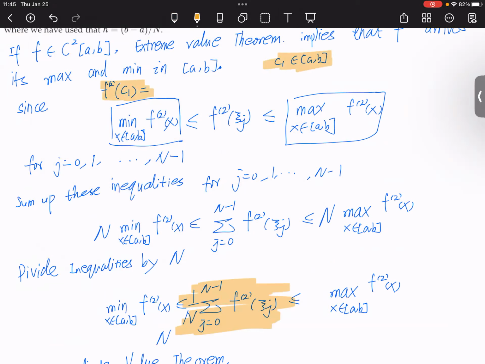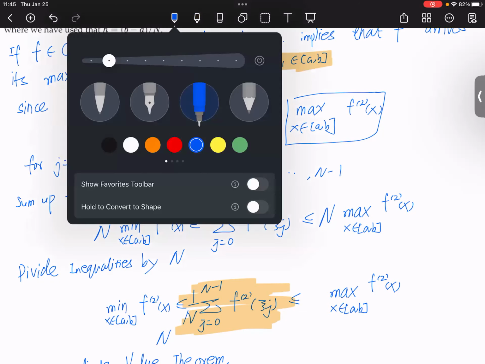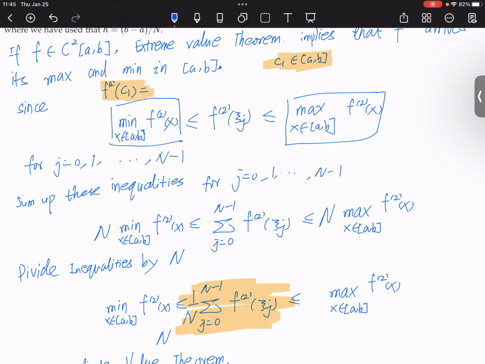This is because of the extreme value theorem: the minimum and maximum can be achieved inside the interval. The same thing happens for the maximum. There is a c2 inside the interval such that the second derivative at c2 equals the maximum value.